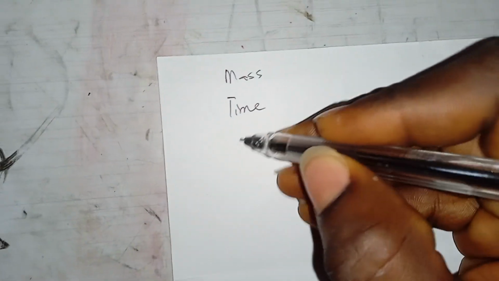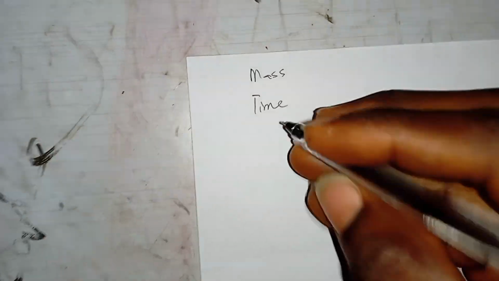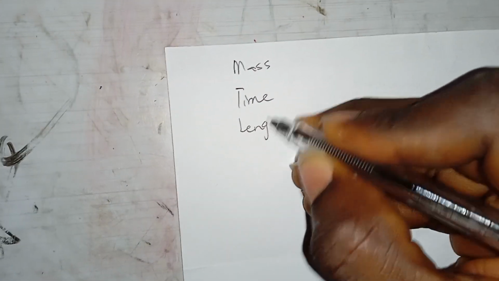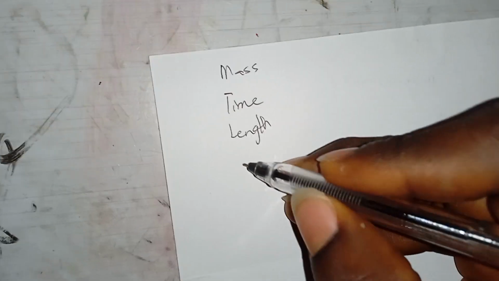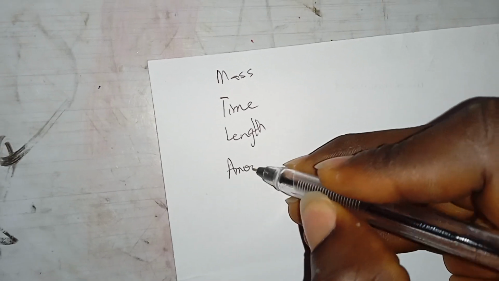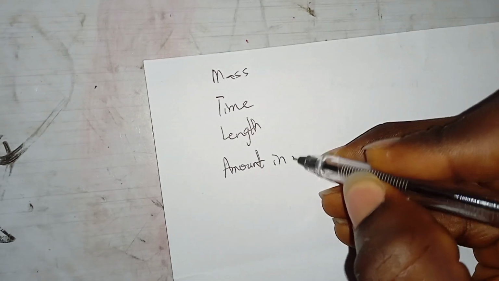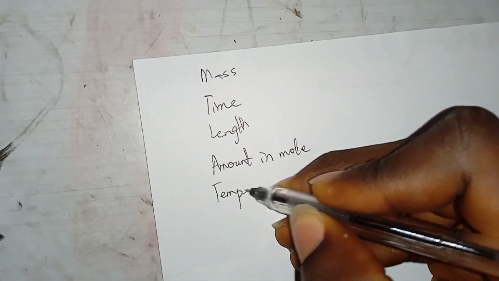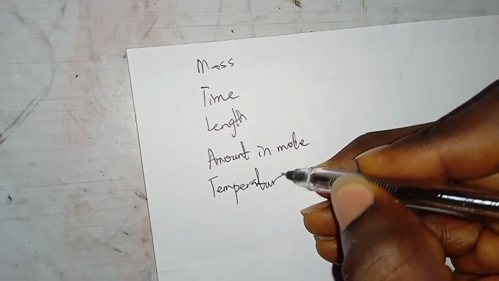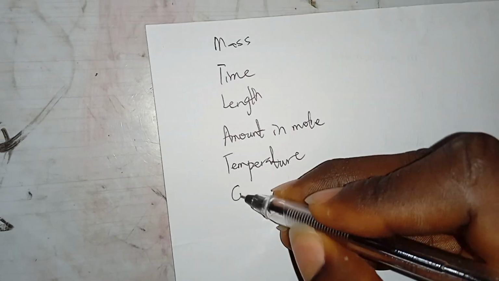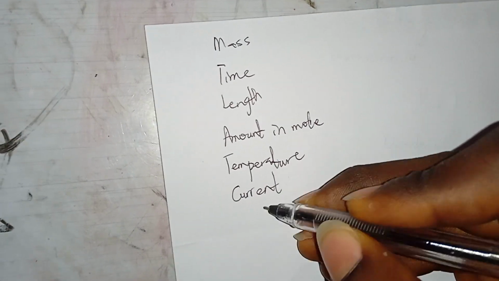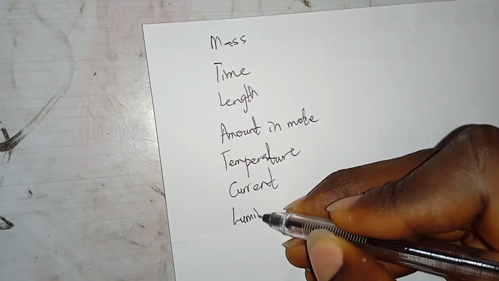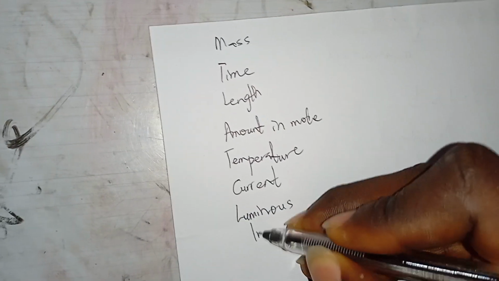So mass, we have time, we have length, we have amount in mole, we have temperature, we have current, electric current, we have luminous intensity.